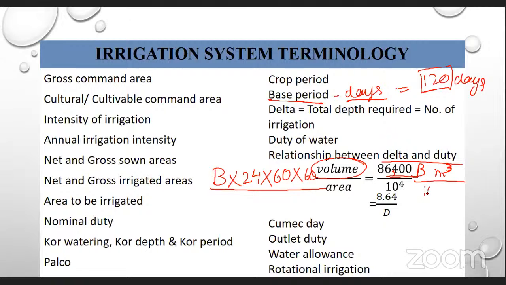So you know that in 1 hectare we have 10,000 meter square, which we usually denote with 10 to the power 4. And if we see here, after cancelling the zeros, it becomes 8.64 b by d. And here d is usually the depth, meaning whatever area is to be irrigated.